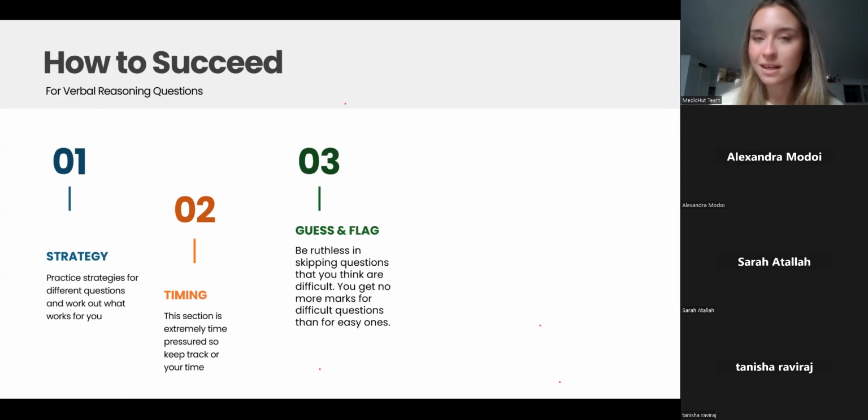The next thing is guessing and flagging, which is what I just mentioned. I'm not sure if you're familiar with this, but in your UCAT, you have a feature called flagging a question, where you can press a button to flag it, and then when you finish answering all the questions within that section, say the verbal reasoning section, it lets you come back to the questions you flagged before.